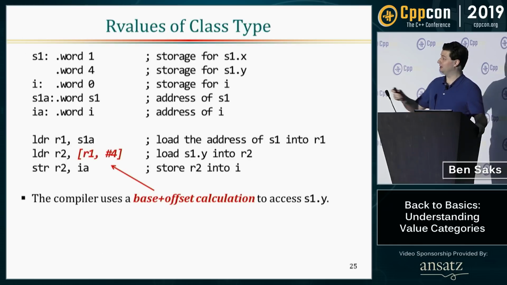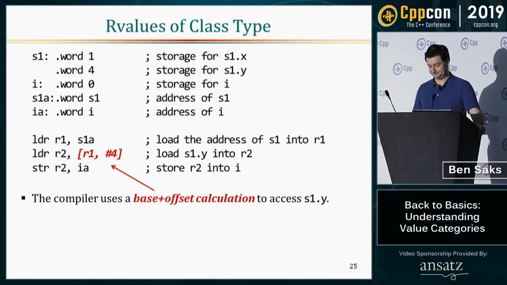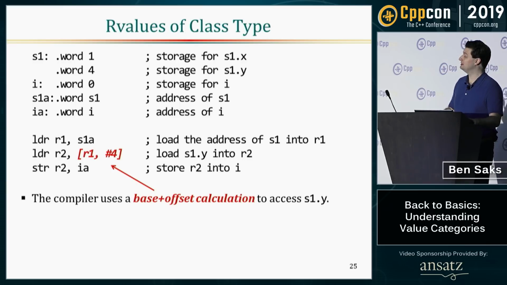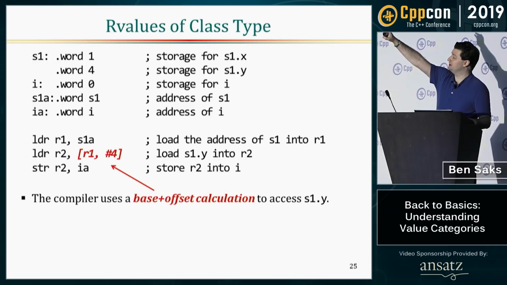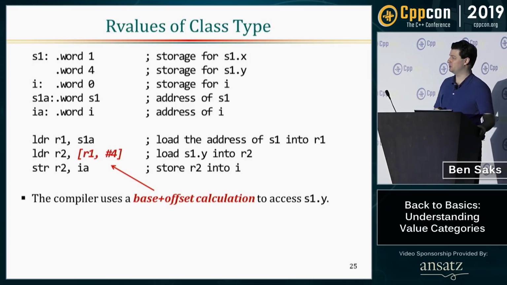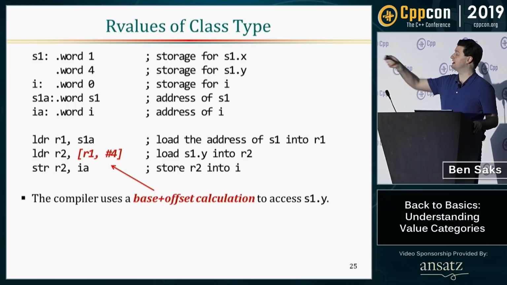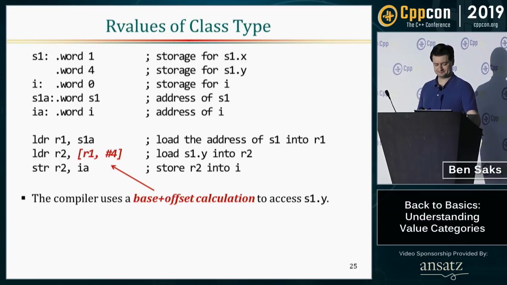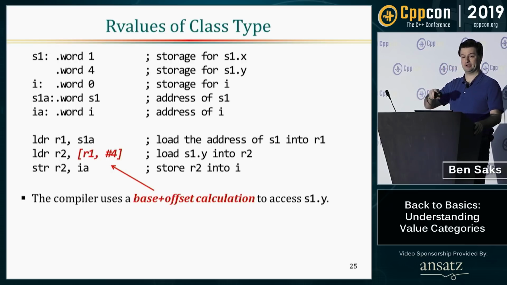So this assembly code is a little bit more complicated, but what I want you to notice here is that the process of reading the Y data member happens in 2 steps. The first one is that it takes the address of the S1 object and places that into a register.